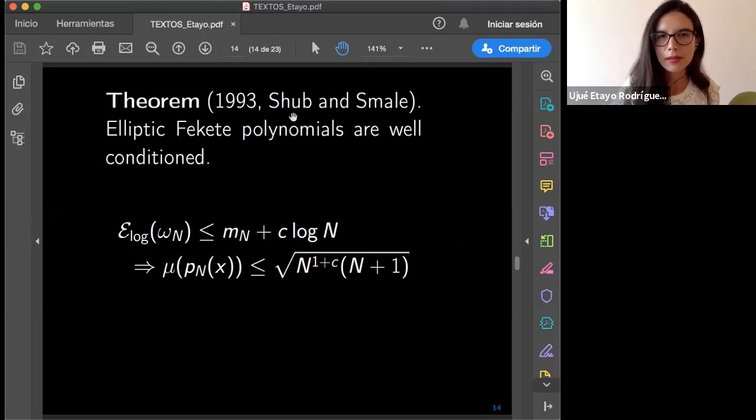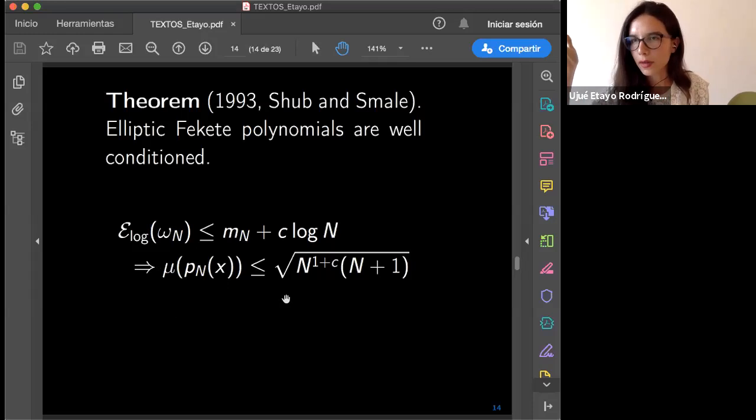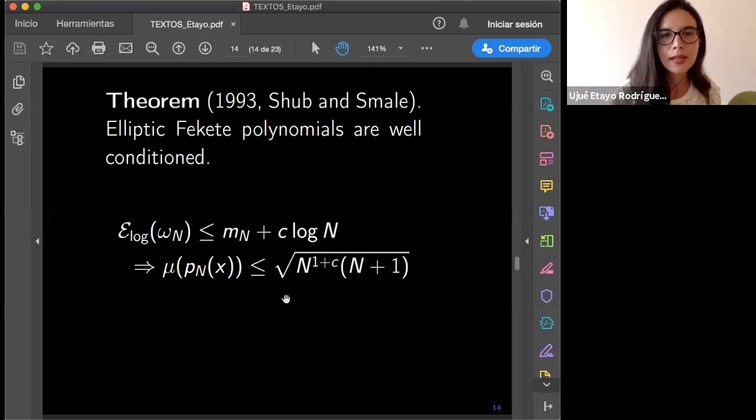All right, so let's go back to this relation I just mentioned. In 1993, Mike Shub and Steve Smale proved that elliptic Fekete polynomials are well conditioned. Namely, if the logarithmic energy of my set of points is bounded by the minimal logarithmic energy plus some extra term depending on log n, then the condition number of the related family of polynomials is bounded by this thing here that has some polynomial growth, right?